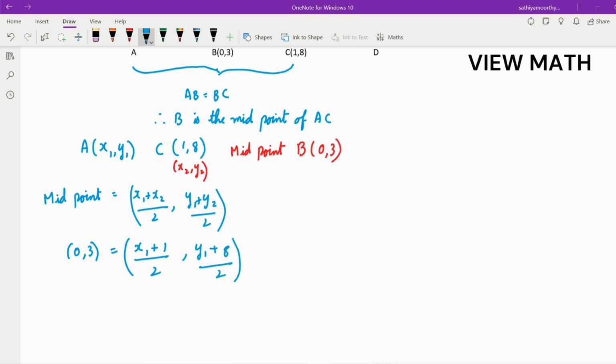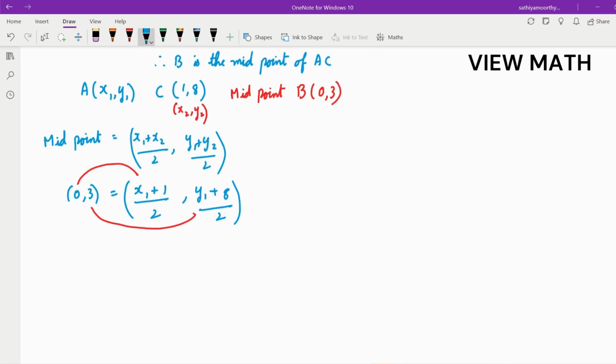So now I'm going to equate x coordinate with x and y coordinate with y, to find out x1 and y1. Now 0 is equal to x1 plus 1 by 2. If I bring the 2 to the other side, 0 into 2 is 0. So 0 is equal to x1 plus 1. Let me bring 1 to the other side. So minus 1 is equal to x1.